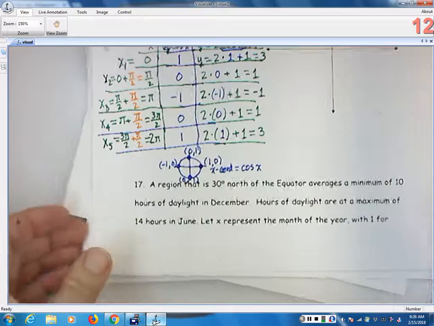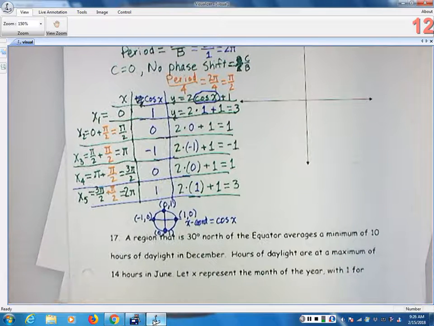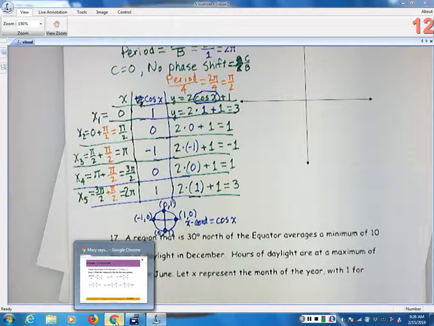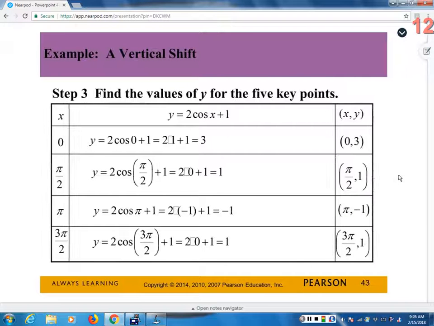Okay, so we have this graph. We're going to graph it now. I guess I'll catch up on the slideshow here a minute. So the slideshow, that was the 5 key points. And they did it a little differently than me, but very similar. They actually put the cosine function right into there.